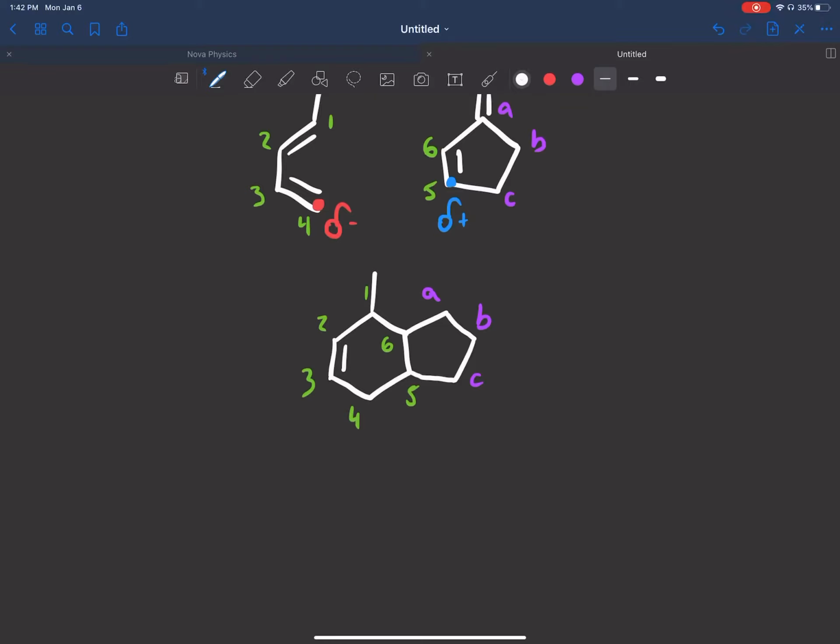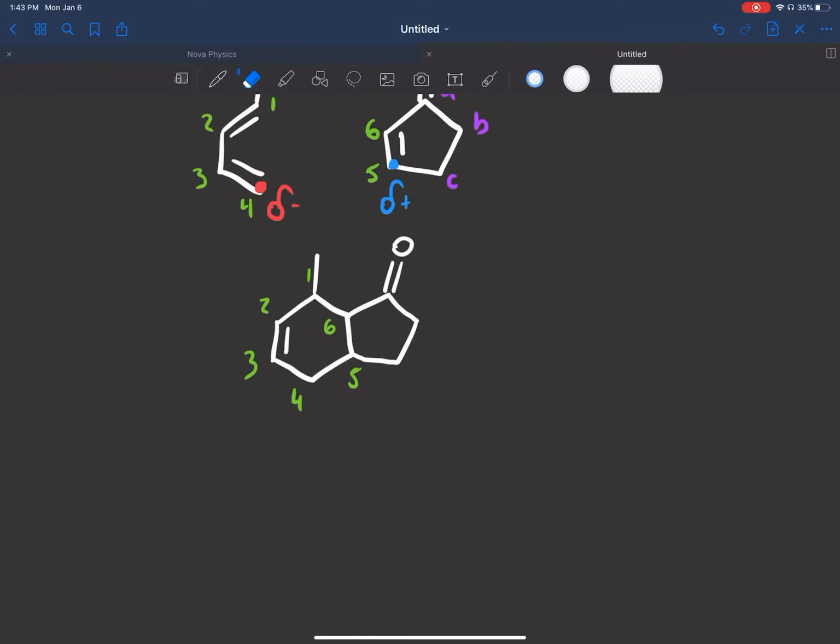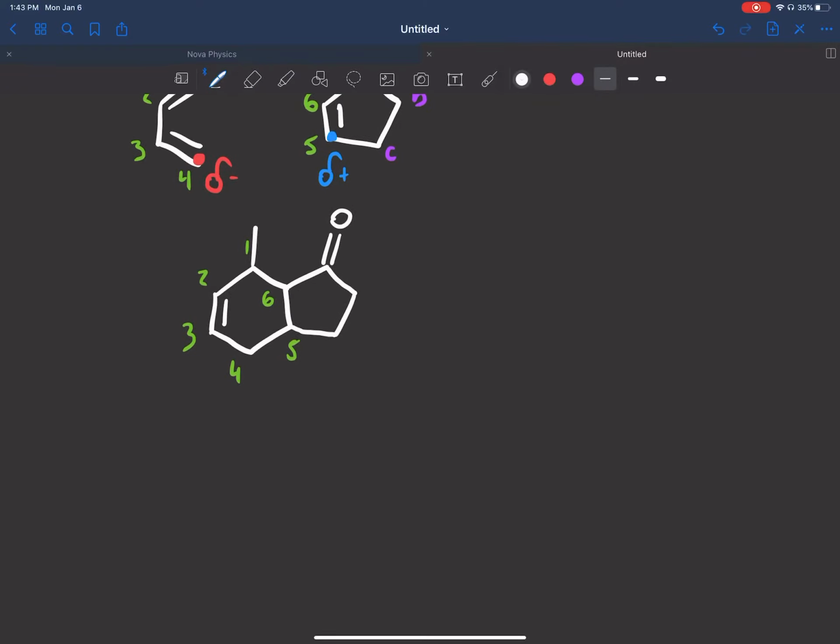We also know that carbon A had the carbonyl, so let's put that over there. All right? And so that's the product of the Diels-Alder without stereochem. All right? We have the regiochemistry perfect. The one thing we have to now do is the stereochem.